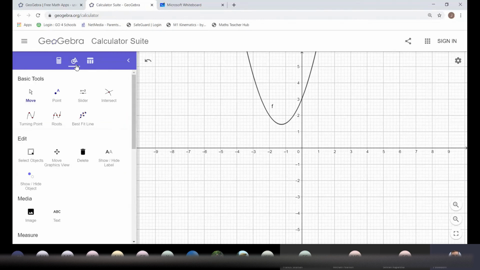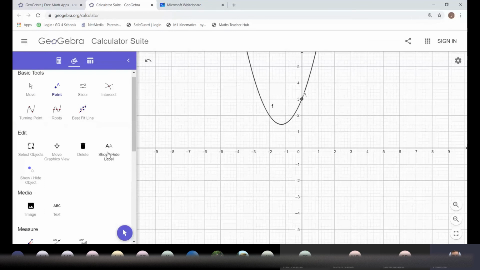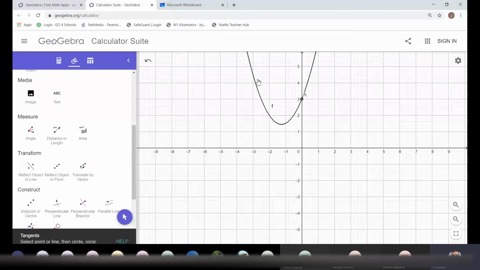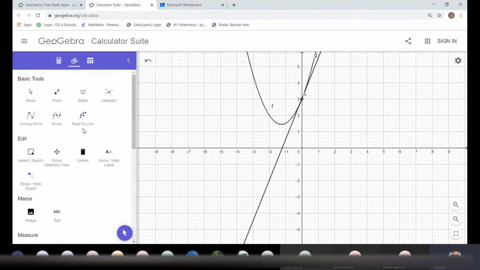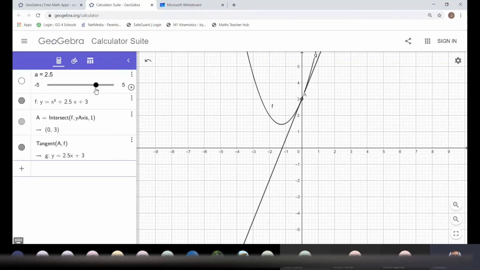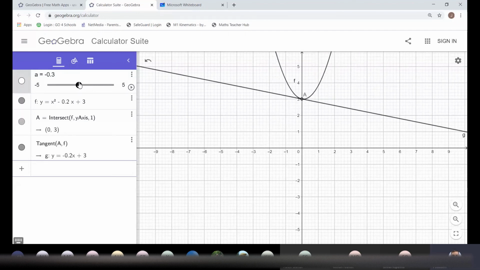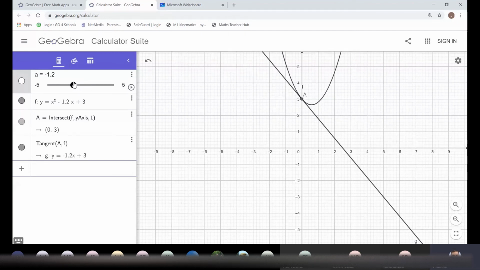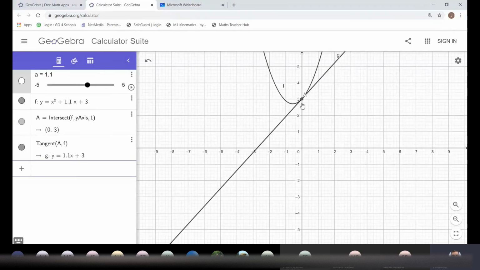So if I then put on a point here and find our tangent, and go back to my slider, I can see that as I change the a value, the gradient of the tangent when x equals 0 becomes very different.